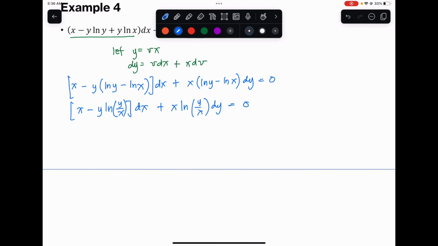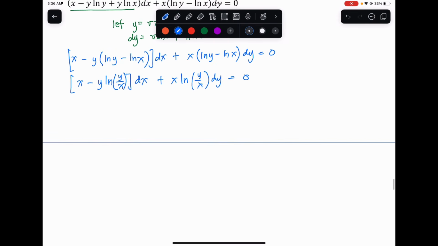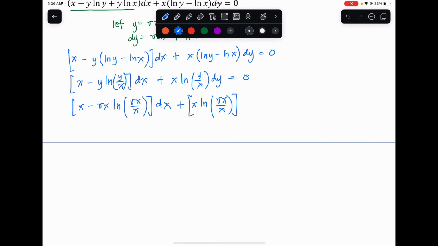Okay, so now I can substitute y in terms of vx, so that would give us (x minus vx ln of vx over x) dx, then plus x ln of vx over x, and then this one is multiplied with (v dx plus x dv) equals 0.